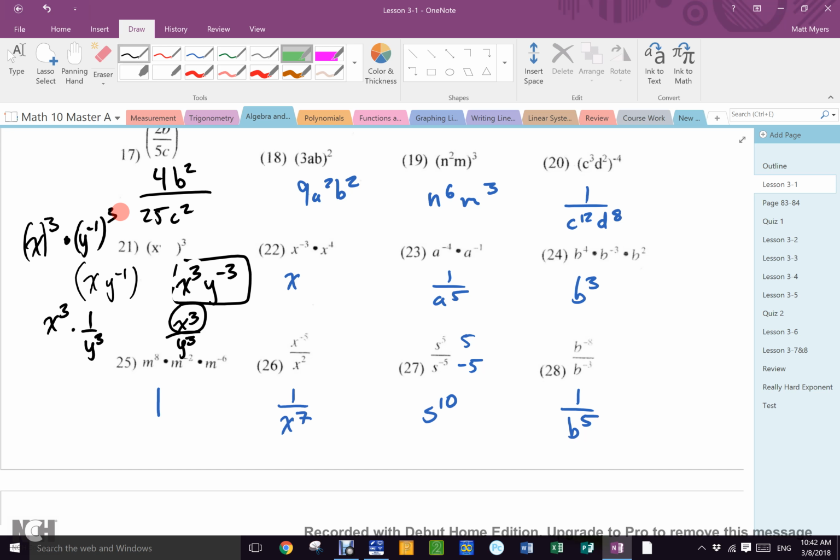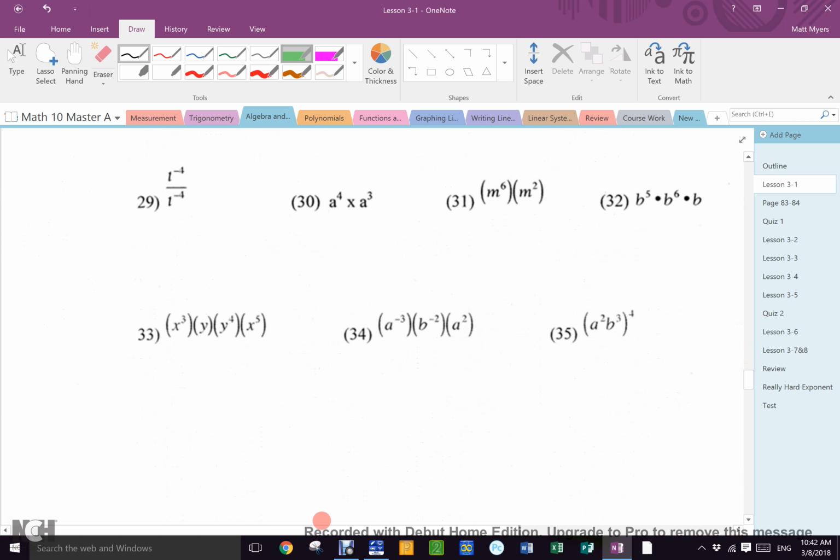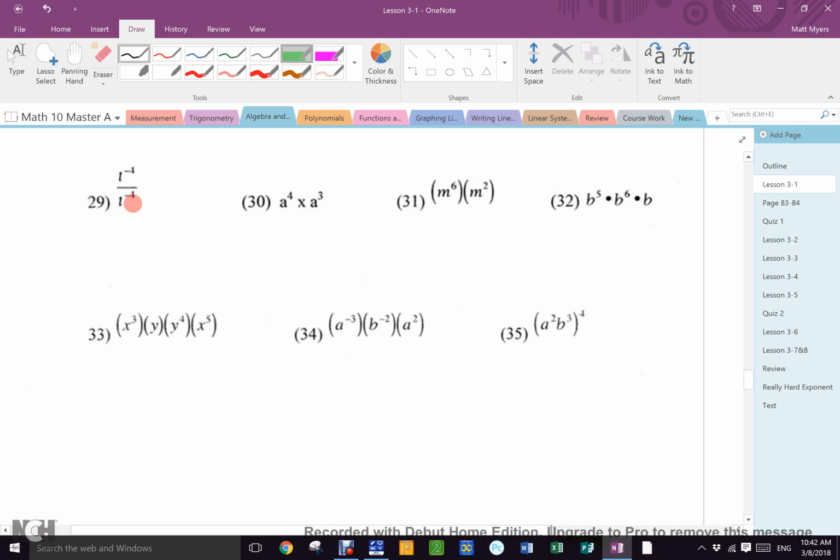I am expecting not a lot of trouble with 81 and 82. Turn the page over. 29 is 1. 30 is a to the 7th. I put the x there because it's just another way of multiplying. Some of you probably thought that it was another variable.